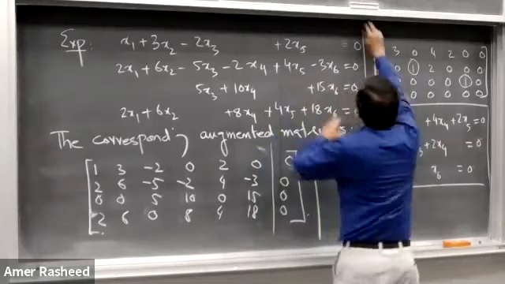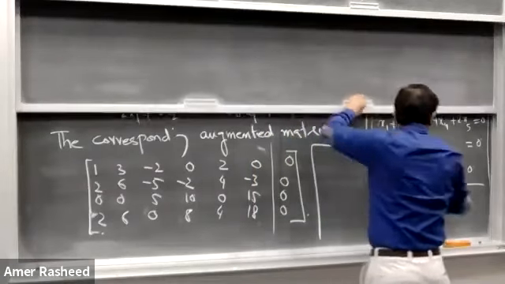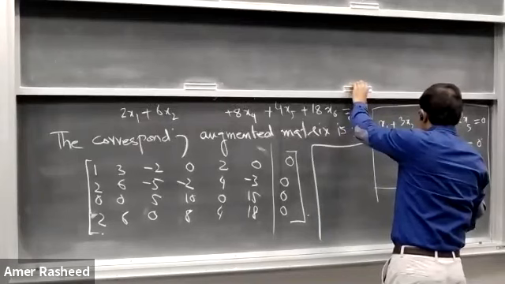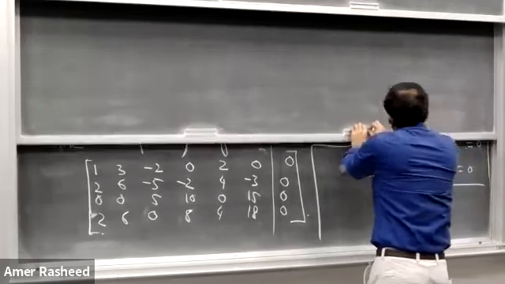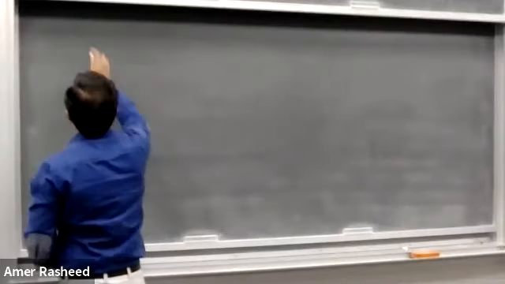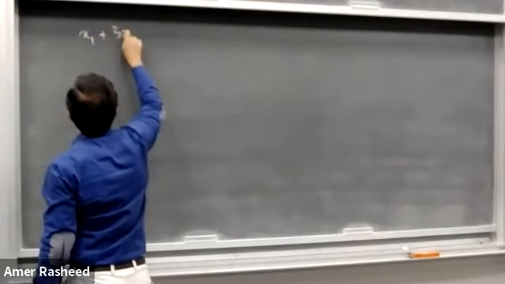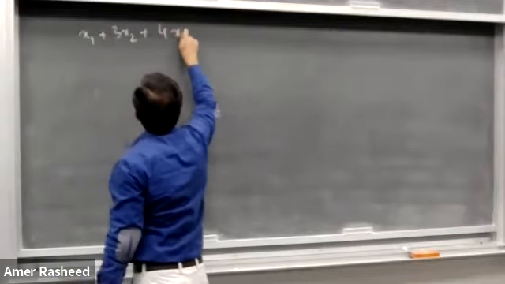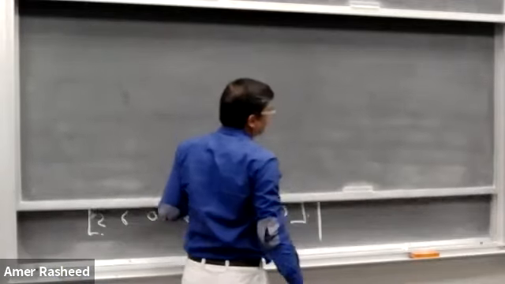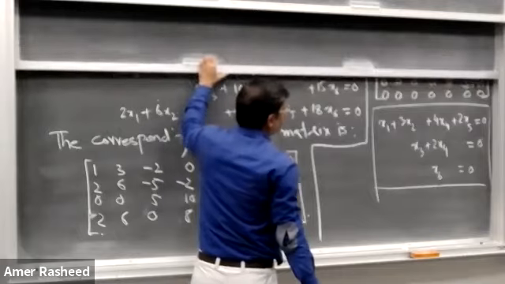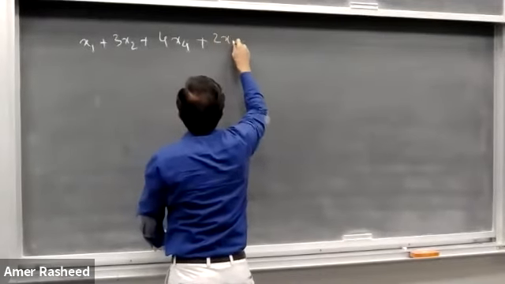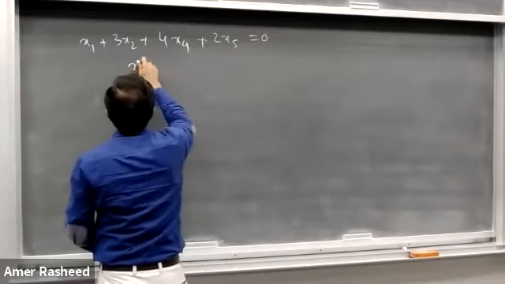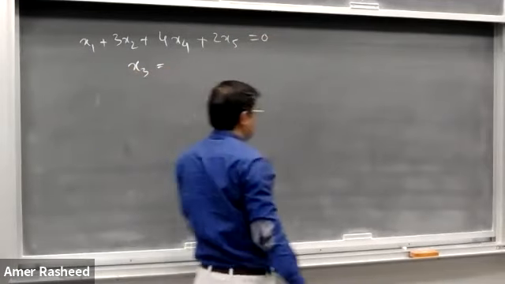So let's fix their values as free variables. So x1 plus 3x2 plus 4x4 plus 2x5 is equal to 0, and x3 you can find in terms of that.